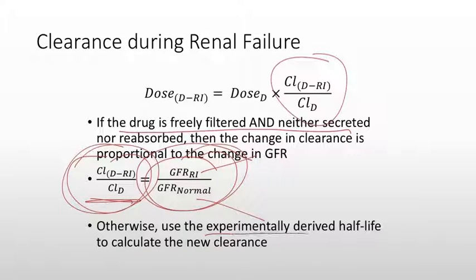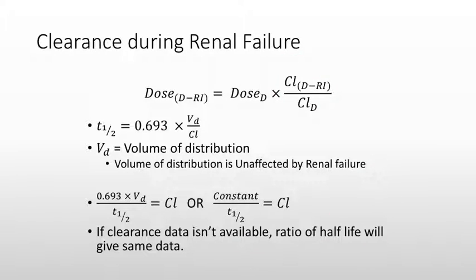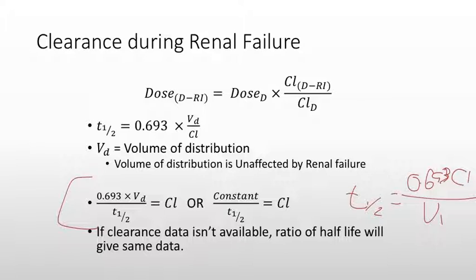Well, we have the half-life already. We saw that we have a chart of how the half-life has changed in all of those situations. So let's start right here. The half-life, t of 1/2, is equal to 0.693 times the volume of distribution divided by the clearance.